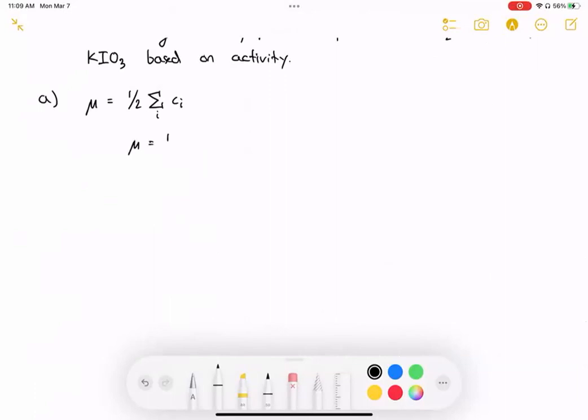So mu equals 1/2 times the concentration of calcium 2 plus times the charge of calcium 2 plus squared plus the concentration of iodate times the charge of iodate squared plus the concentration of potassium now and the charge squared of potassium. So we had to use both.